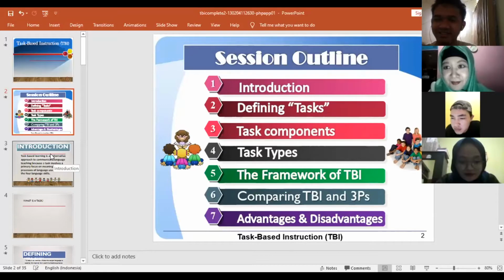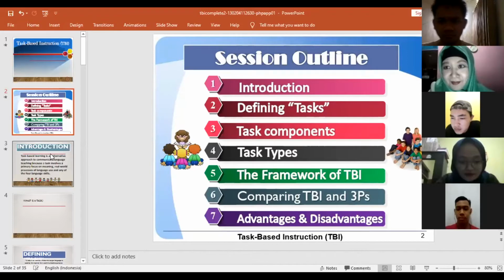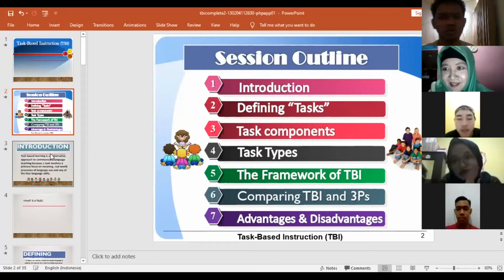So when a student has something in their mind about tasks, it means that you have something to do, right? Do you think that a task has a goal? Of course, it has. To gain a purpose of material.